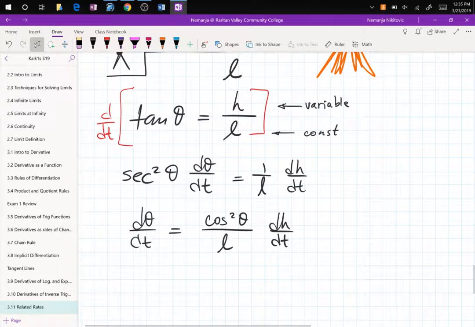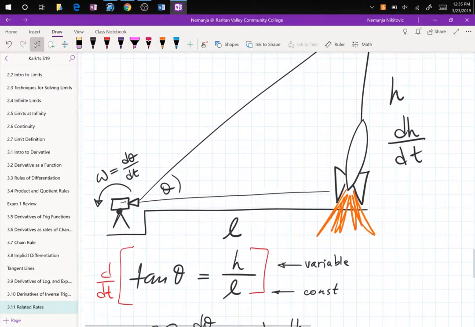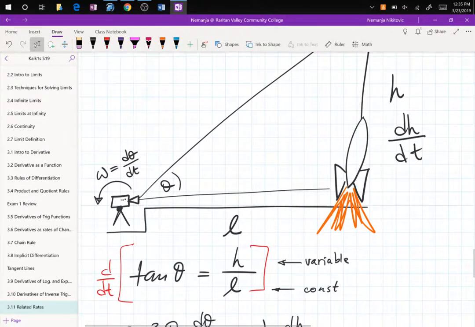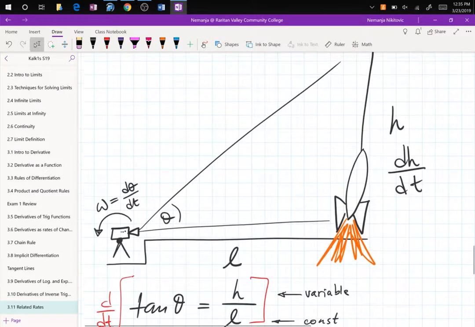Now, luckily, we can read what cosine is on this triangle. And the cosine will, unfortunately, involve the hypotenuse. So I need to get that this hypotenuse here is the square root of L squared plus the height squared.